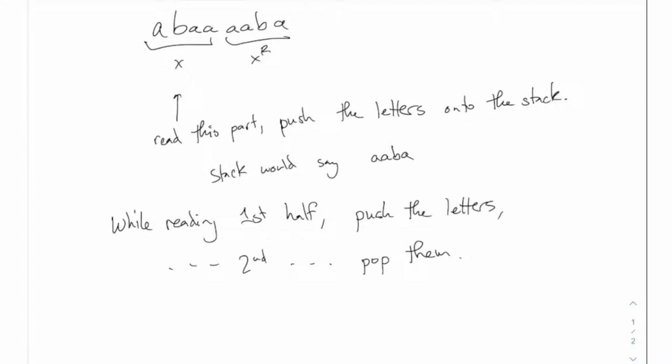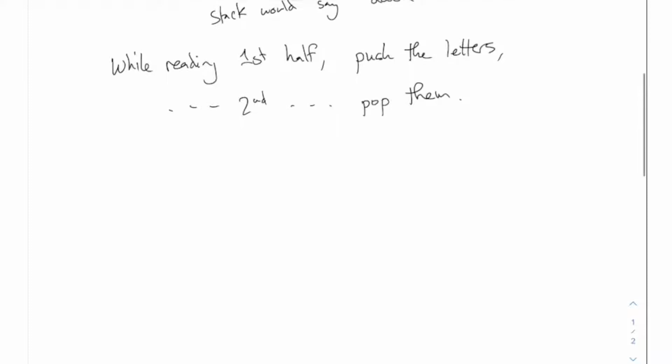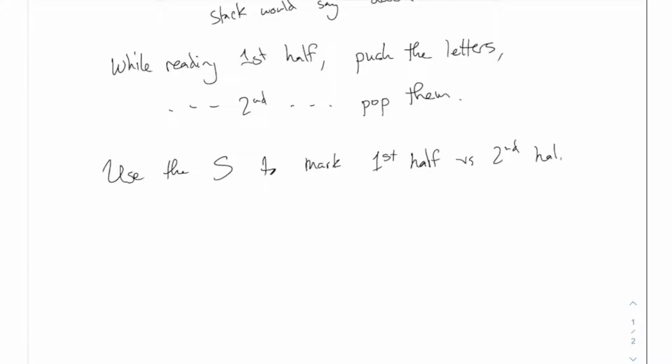So there has to be a specific marker, and there's sort of a trick. We're going to use the S, the starting stack symbol, to mark the first half versus the second half. In particular, during the first half, we're going to leave the S on the top of the stack.